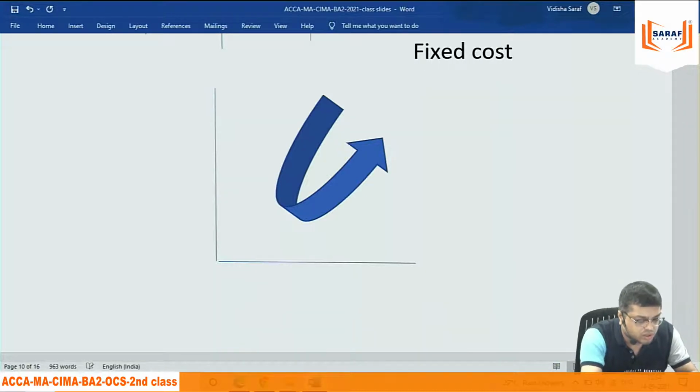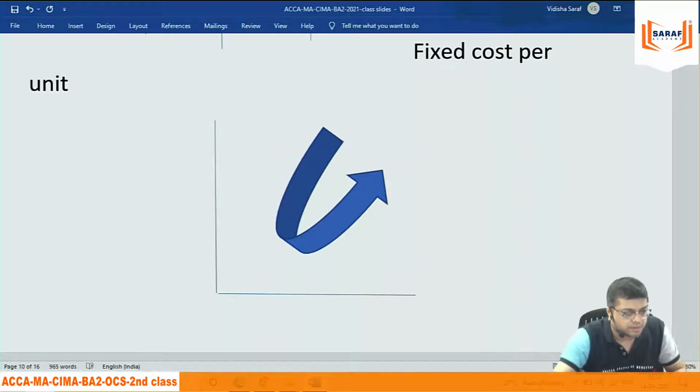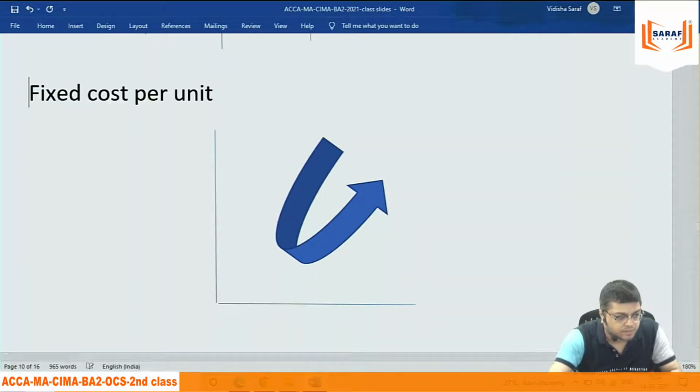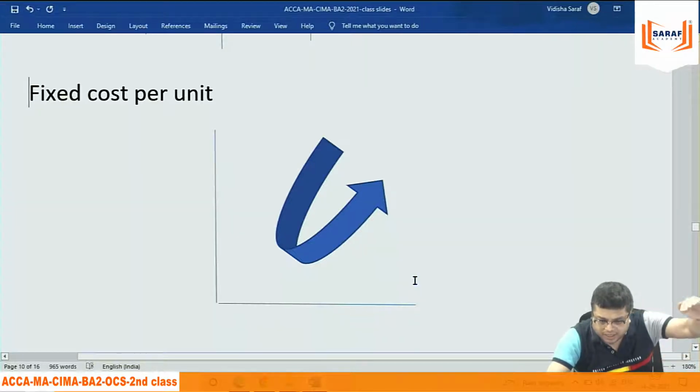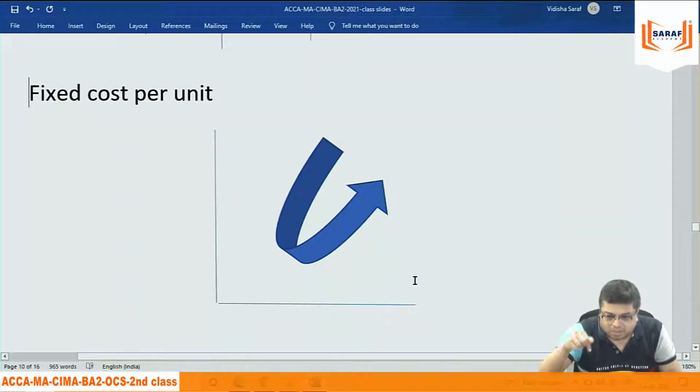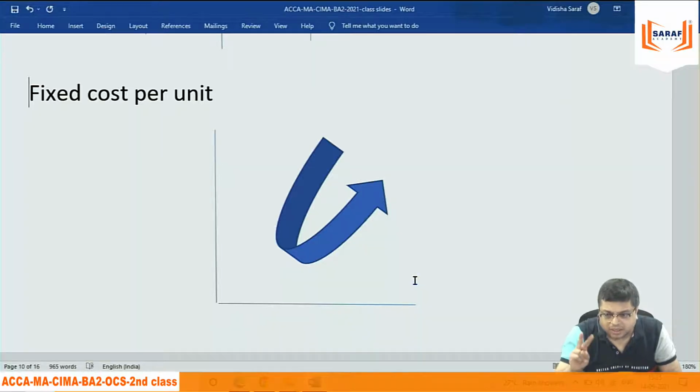Fixed cost per unit. It is not exactly like this because it will be like a curve; it is not falling in a straight line. 20,000 by 1 is 20,000 per student. 2 students, 20,000 by 2, 10,000 per student. 3 students, 20,000 by 3, 6,667. 20,000 by 4, 5,000.